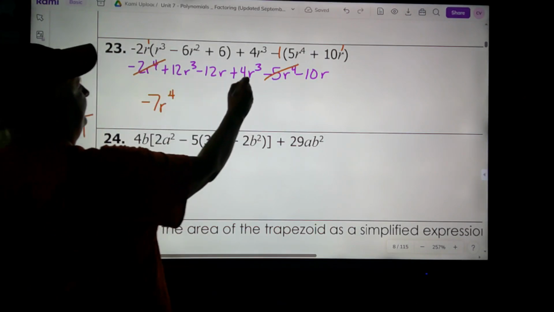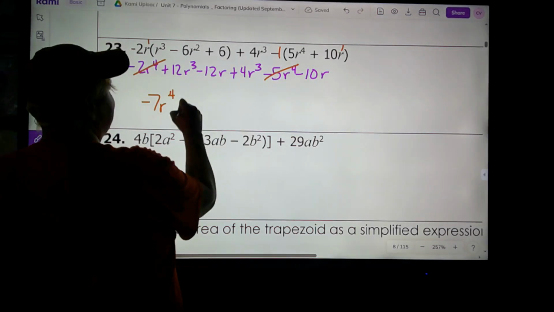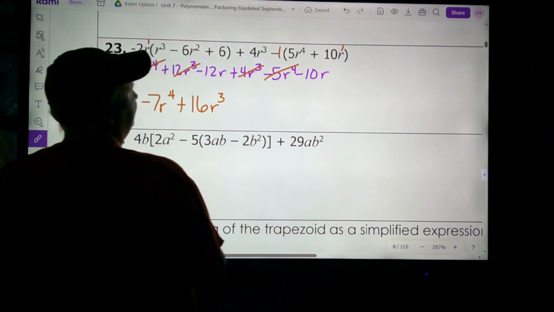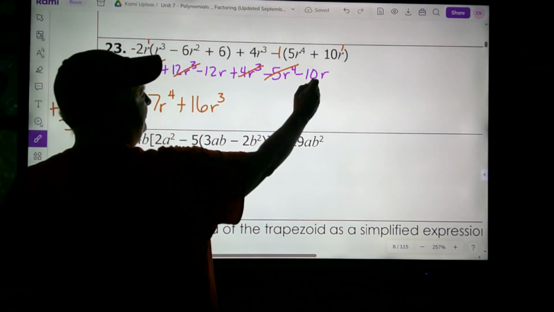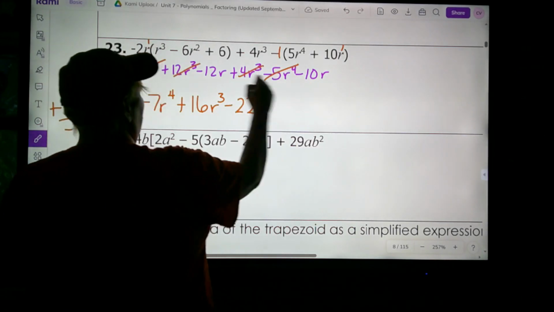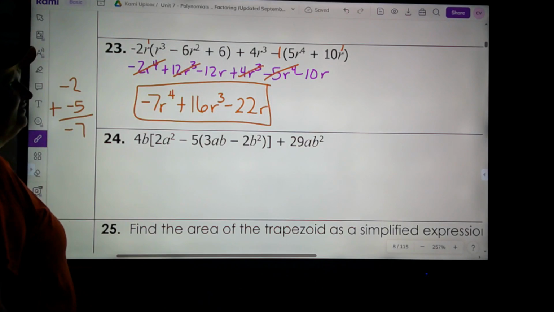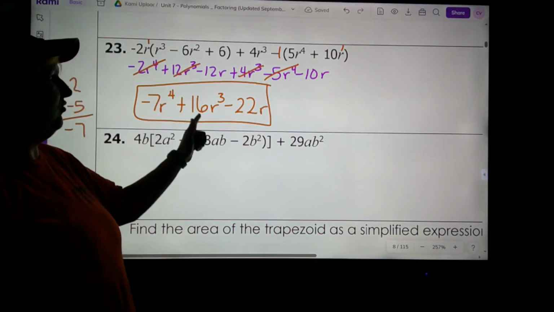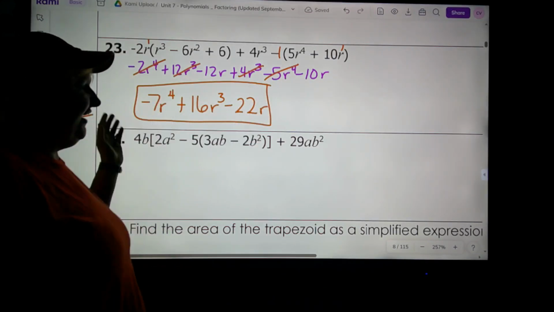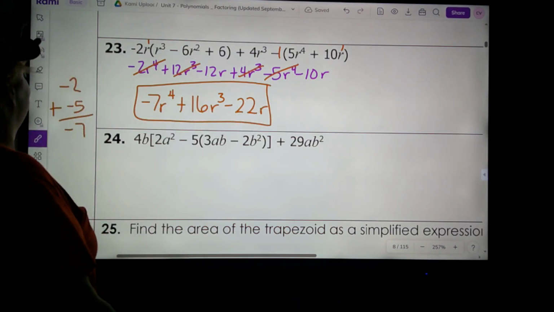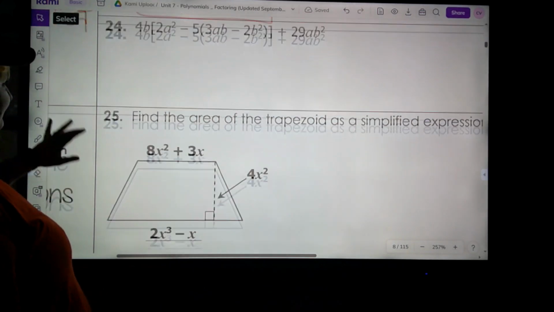Next one's a 3. 12R cubed and 4R cubed is 16R cubed. Negative 12R plus a negative 10R is a negative 22R. And if you combine your like terms in order, then your answer will always be in order. Use your brain, y'all.